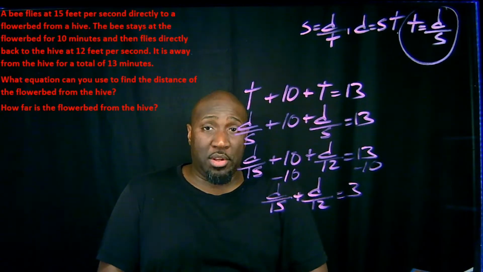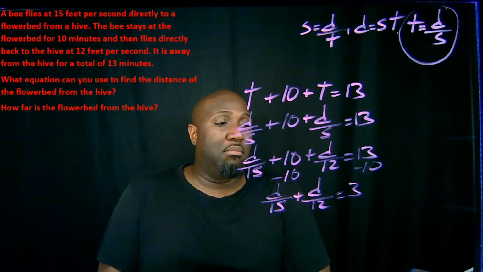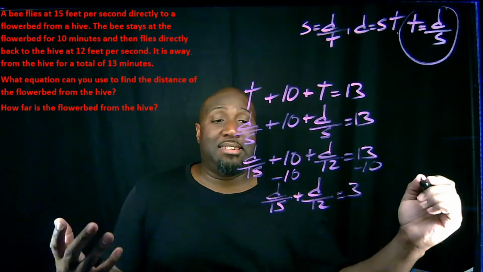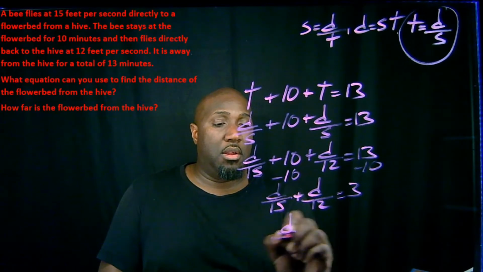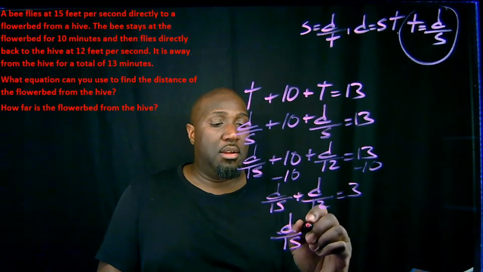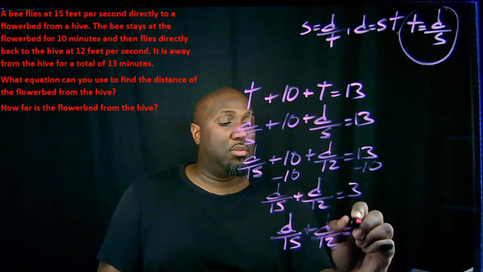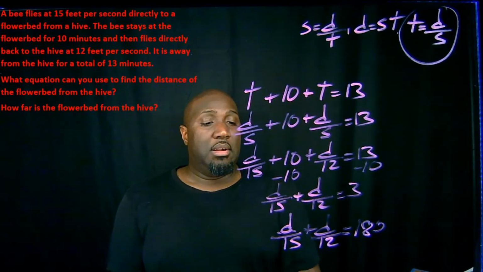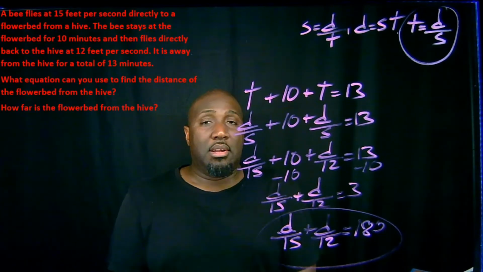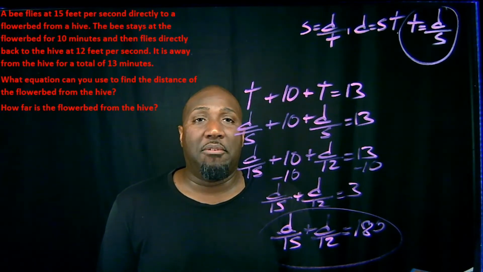We know there are 60 seconds in 1 minute, so 3 minutes would be 180 seconds. So now we have D over 15 plus D over 12 equals 180 seconds. This is the equation that helps us find the distance from the flower bed to the hive.